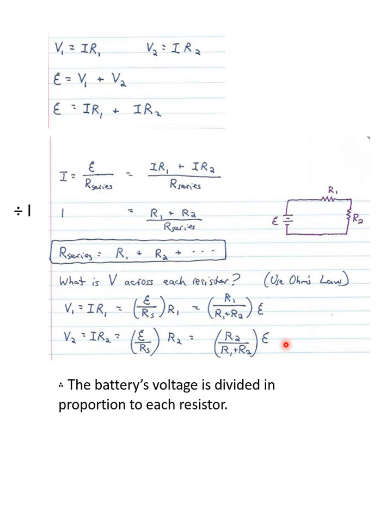So as the current goes first through one resistor, then through the other resistor, there is a voltage drop in each resistor, and the battery's voltage is divided in proportion to each resistor. So let's say it's a 9-volt battery. Depending on the resistances, there might be a voltage drop through one resistor of 6 volts, and the voltage drop through the other one is going to be 3 volts, and that's going to depend on their resistances.